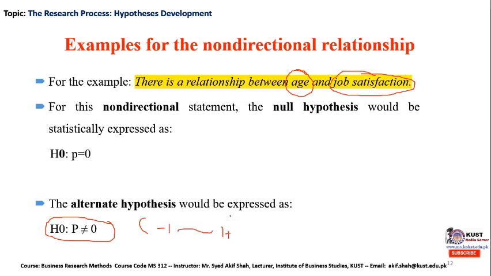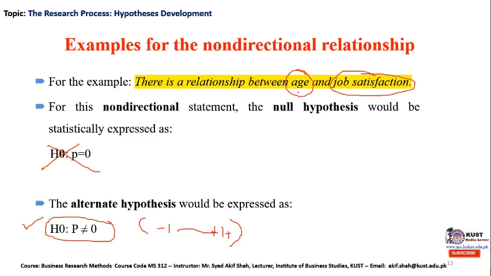So when the correlation coefficient value is between -1 and +1, then we can infer and reject our null hypothesis, which was saying that there is no relationship between age and job satisfaction, and we'll go with the alternative hypothesis, and we will accept that there is a relationship between age and job satisfaction.